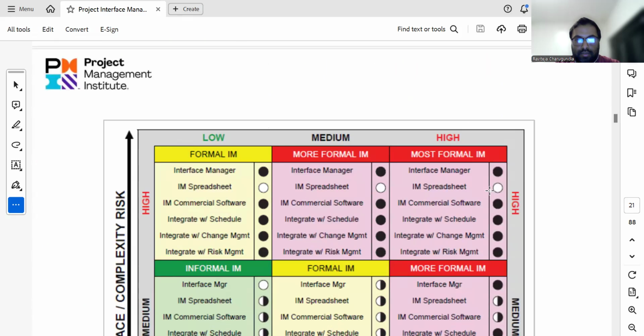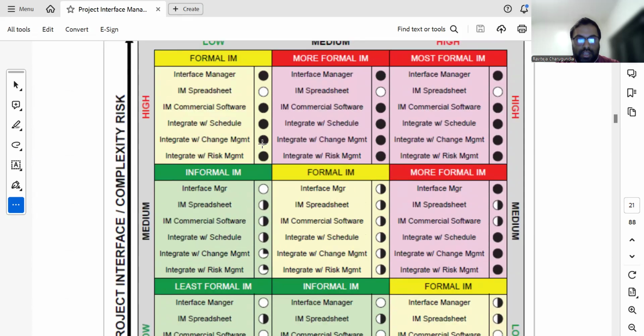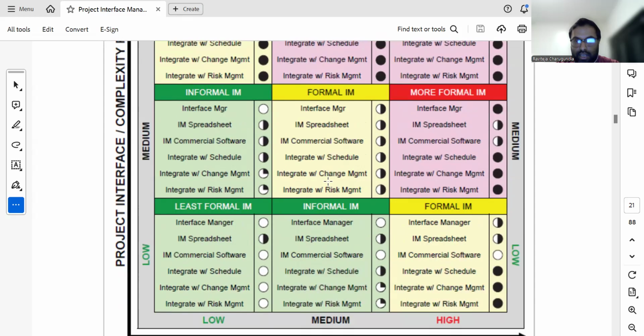If you look at the chart here, you have the classification as informal IM, formal IM, and most formal IM. Let me zoom out.